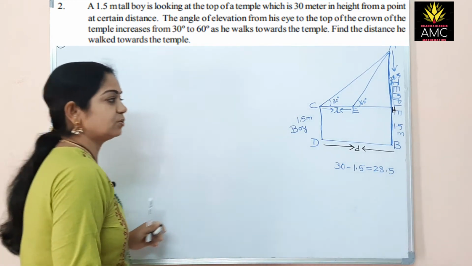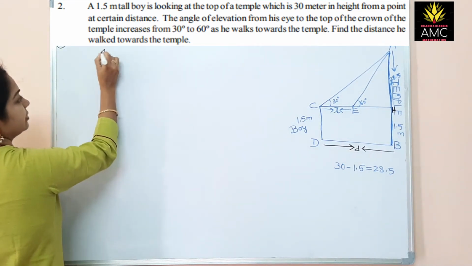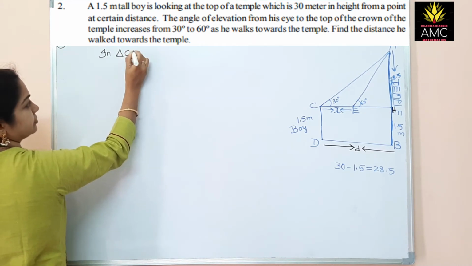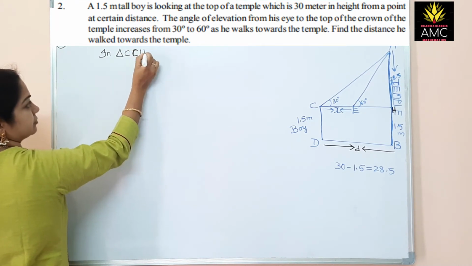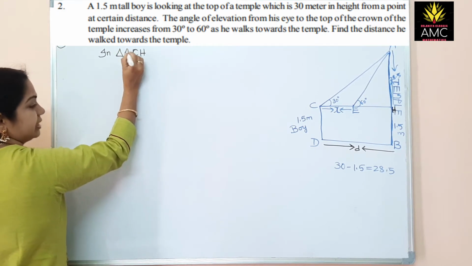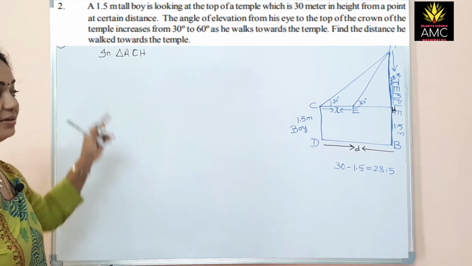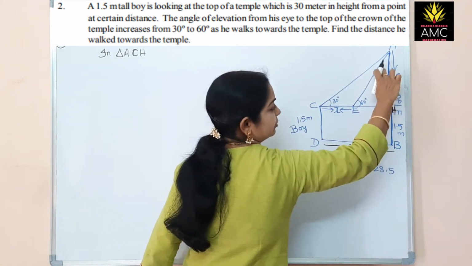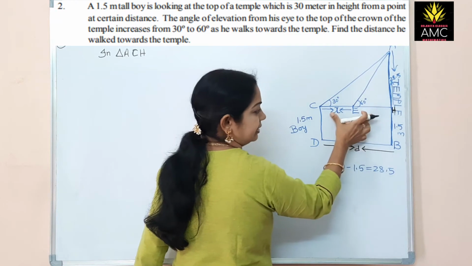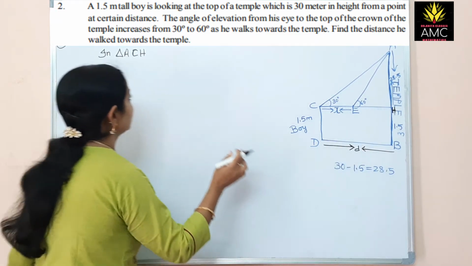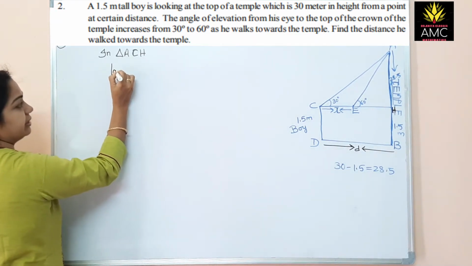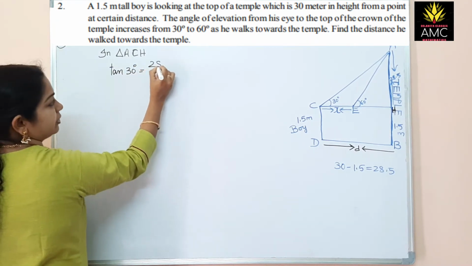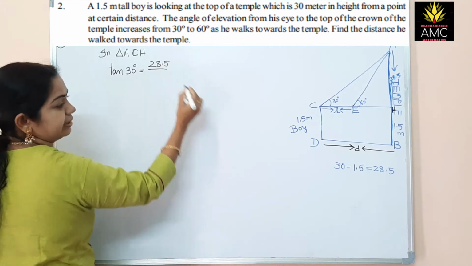Let us take triangle ACH, clearly the bigger right angle triangle. Here tan 30 degrees is equal to the opposite, 28.5, divided by the adjacent.